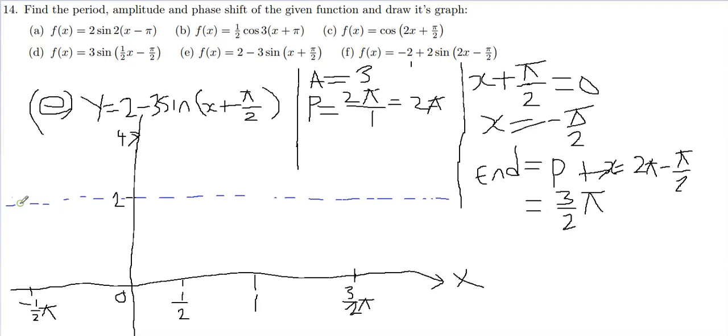It's going to start from there and then it will come down like that at 0. So it's going to come down here, and then the minimum is going to be there, then go up, the maximum is going to be there, then come down there. So this is our graph that we need.